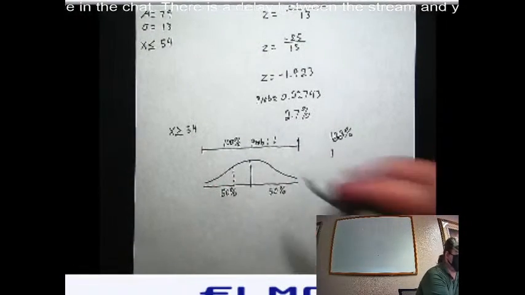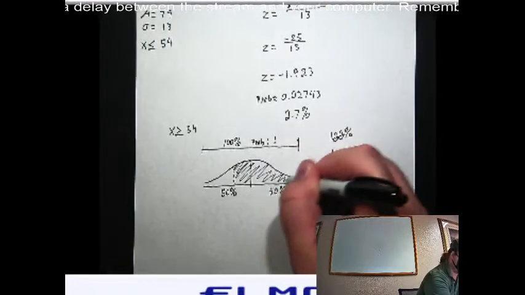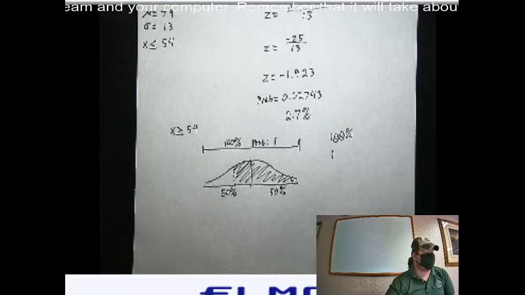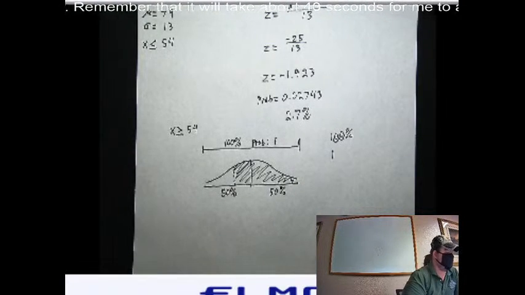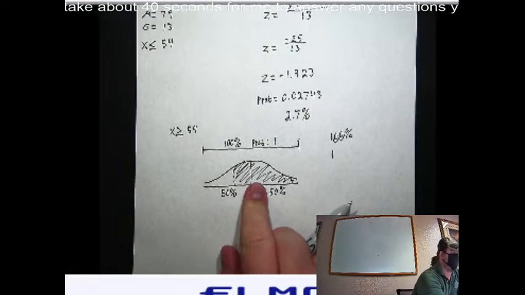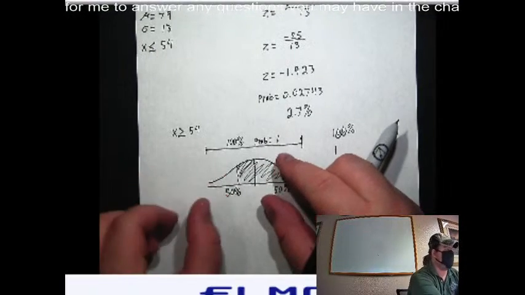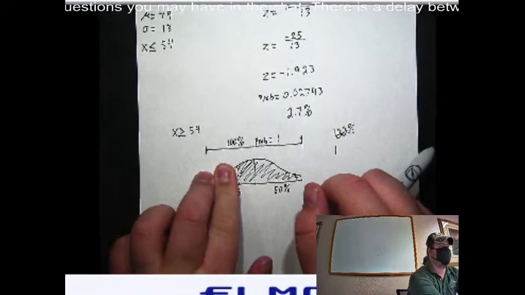But we don't want to know that area. We want to know this side. We want to know greater than. Well, it's pretty easy. If we don't want to know this part, but we want to know this part, we just break off this part, subtract it, literally subtract it.